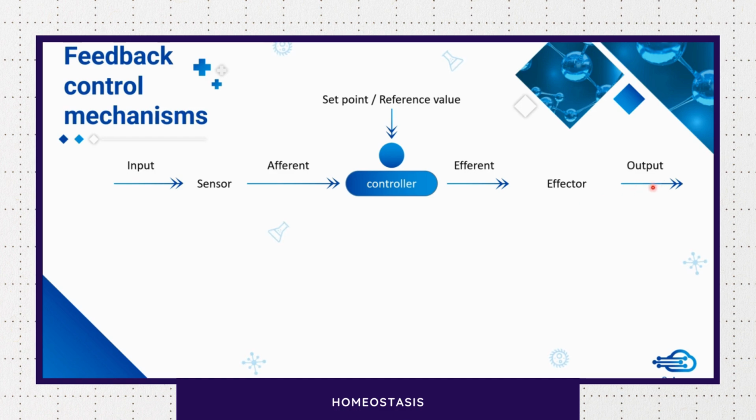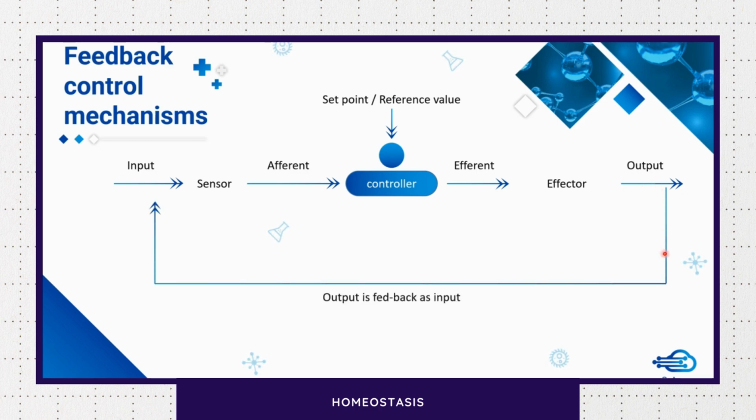But feedback, what it will do is that this change which is brought about, the changed current value, will again be fed back as input. So the sensor will continuously detect the current value of the input. Plus there is external disturbance which is causing a change in the input.